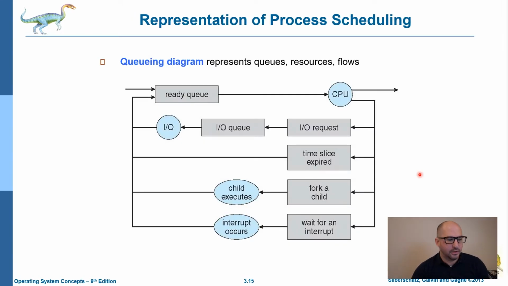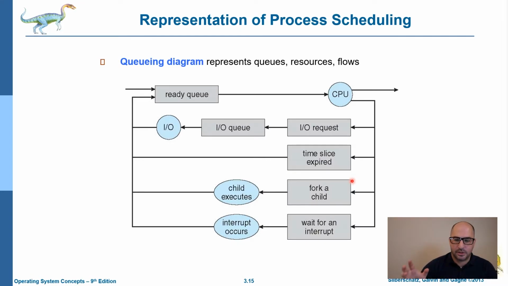Another way that we might view this transition is that a task starts in the ready queue and then moves to running by being placed on the processor until any of these operations take place. An I/O request, where it then gets placed on the I/O queue, and then the I/O operation is serviced, where it moves back to the ready queue. On an operating system that works on time slices, if the time slice has expired, then the process will be pushed back to the ready queue.